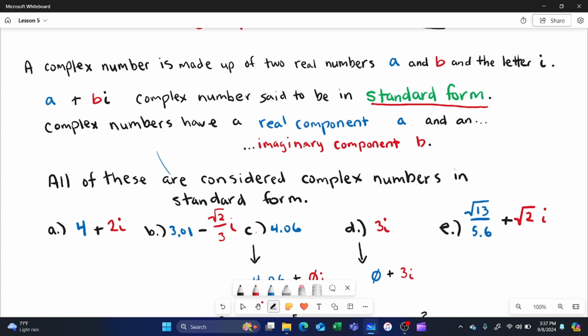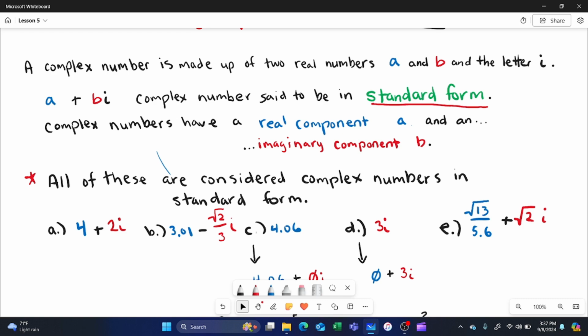So if we're tracking over here, all of these are considered complex numbers in standard form. We have 4 plus 2i, 3.01 minus the square root of 2 over 3i, still following the same format, right, which is a plus bi. You look at C and D, however, you just got 4.06.